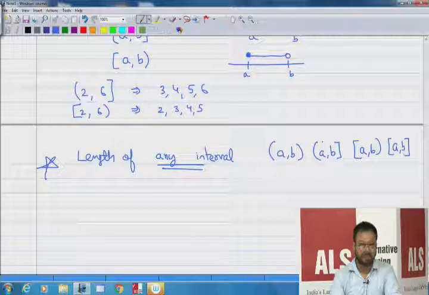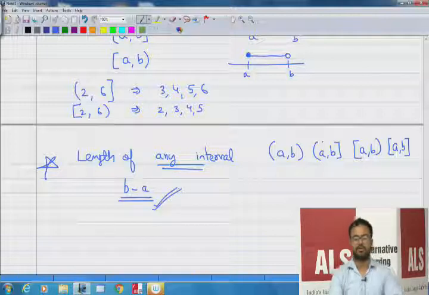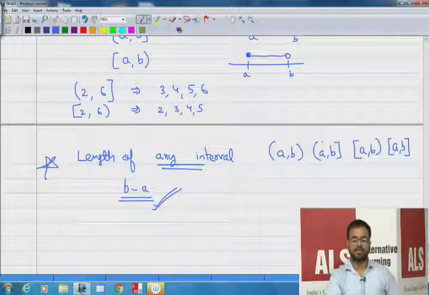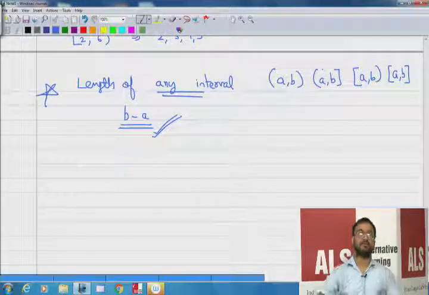Whatever is the interval, the length of interval is noted by upper limit minus lower limit, B minus A. That is the length of any interval. So these are the three types of intervals, and the length of any interval is B minus A.